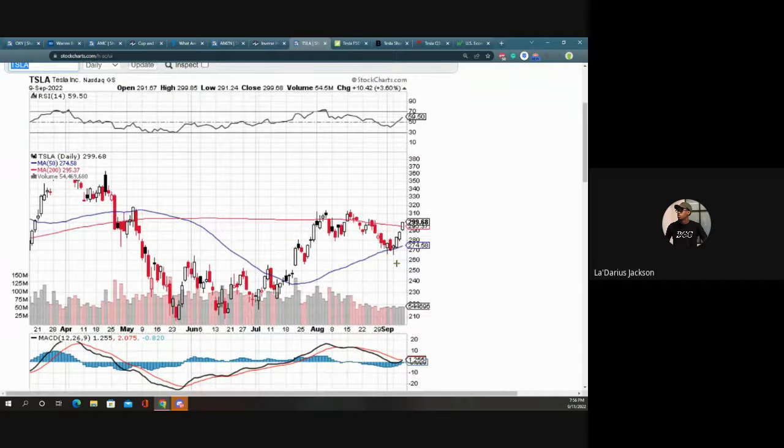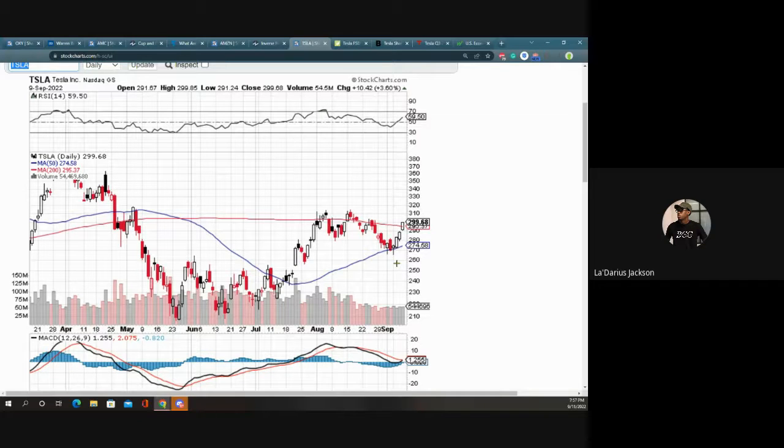Something to check, if it'll help you sleep: Bitcoin. Bitcoin at the close of the market on Friday was at, I think, 21,200, somewhere in that range. Bitcoin right now, let me see, 2 seconds.